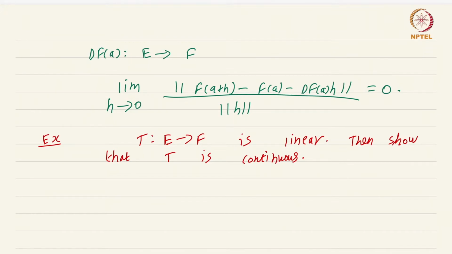So if you have an n cross n matrix M, you can treat it as an element of Rn squared in a natural way. Just put the entries of the matrix consecutively as a single vector, and you will get an element of Rn squared, and on Rn squared you have the Euclidean norm.